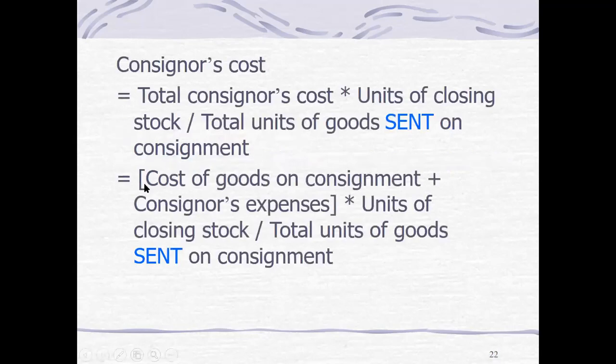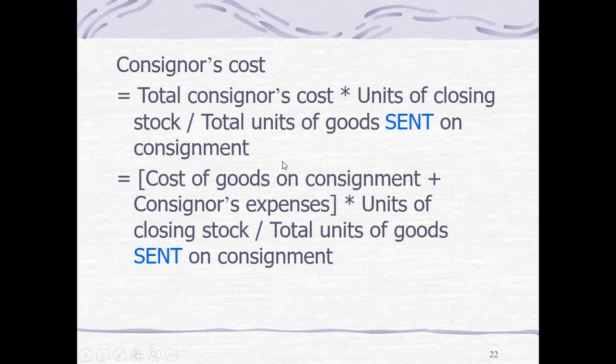Next, for the consignor's cost, the total consignor's cost is multiplied by the units of closing stock, or the ending inventory, and divided by the total units of goods sent on consignment.